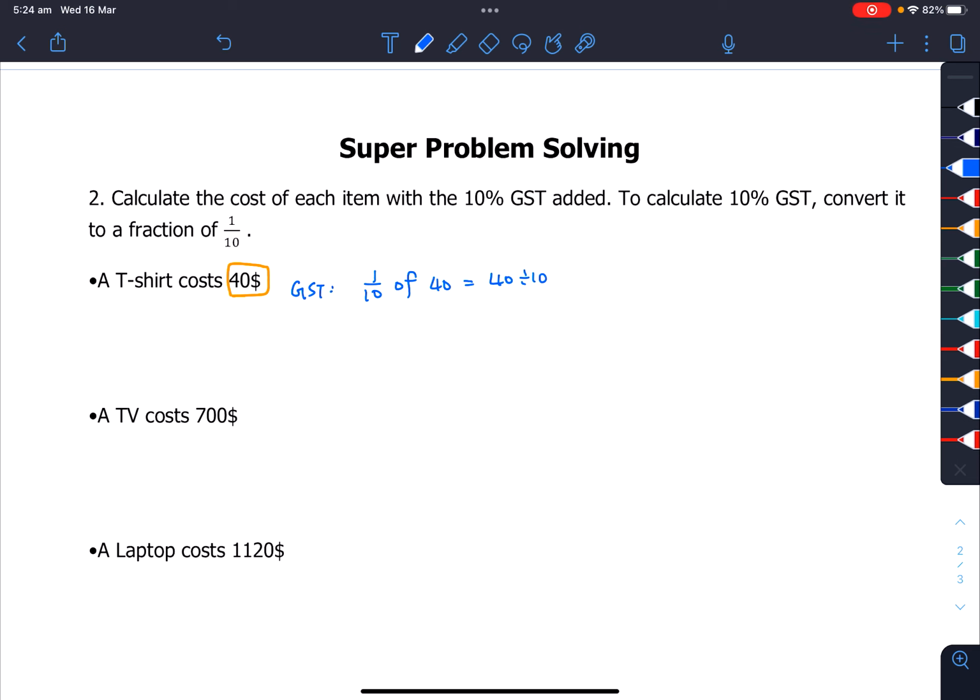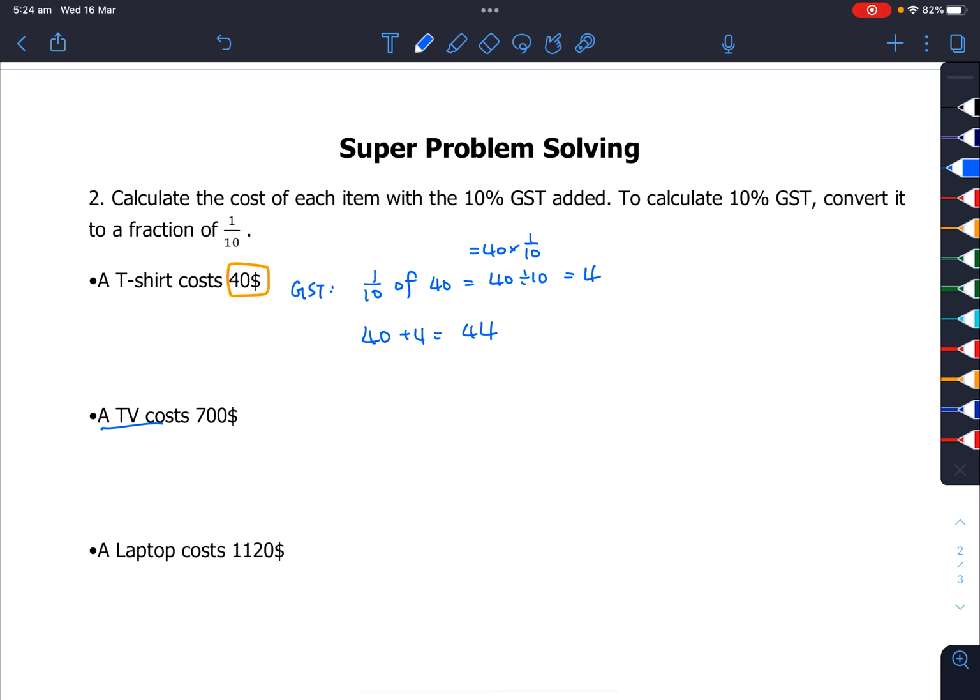Or if you already learned the multiplication of fraction, you can say 40 times 1/10 equal to 4. Then 40 plus 4 equal to 44. This is the money you need to pay if the cost of the t-shirt.